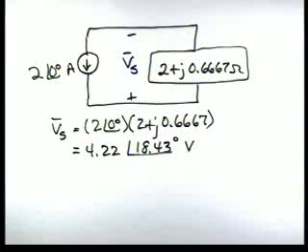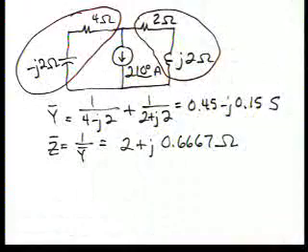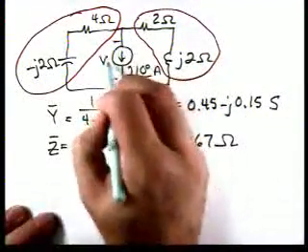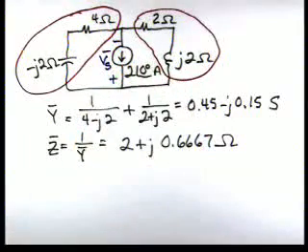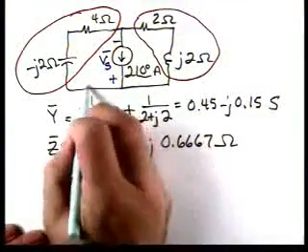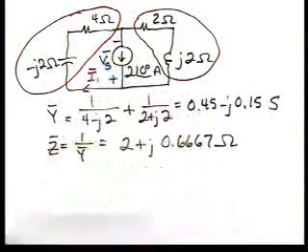For instance, here is the voltage Vs on our diagram, and now we can do some additional calculations. For instance, we can calculate currents. We can calculate this current I1.